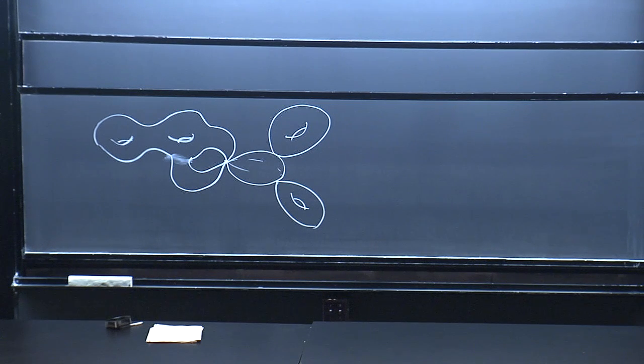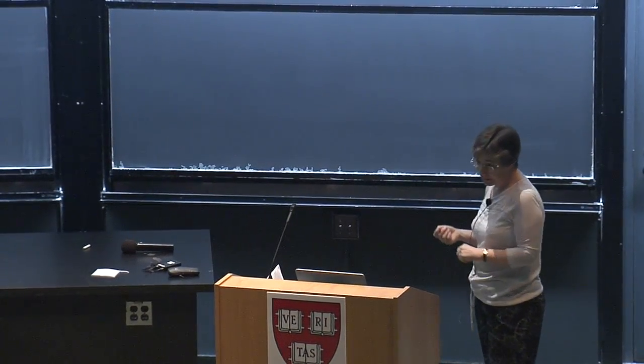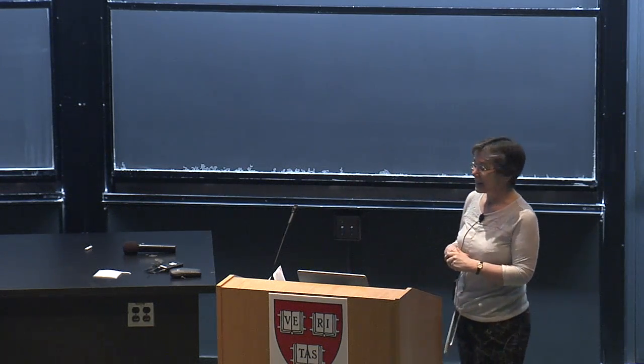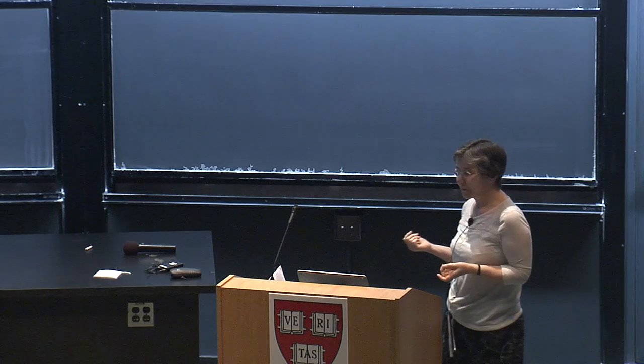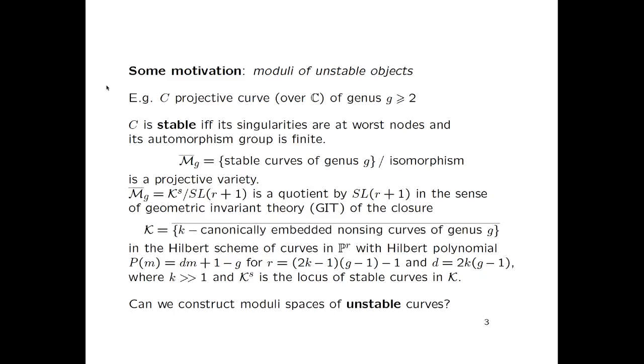So that's a moduli space that's very well studied, very well understood, and it can be constructed using classical geometric invariant theory by looking, for example, at K for a sufficiently large integer K. You look at K-canonically embedded curves in a projective space, and you look at the Hilbert scheme, and then you quotient by SL(R+1).